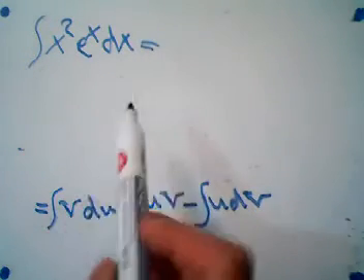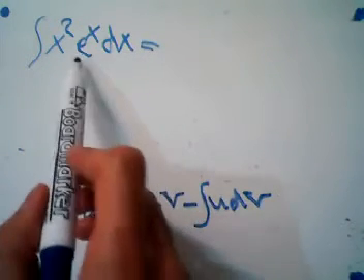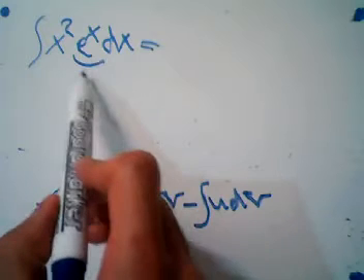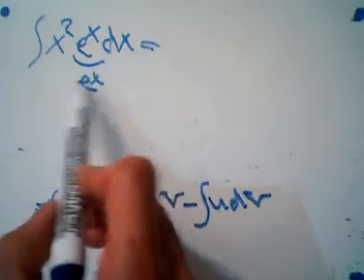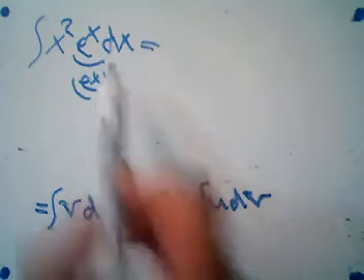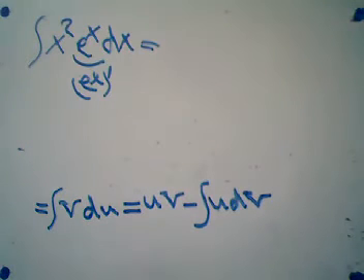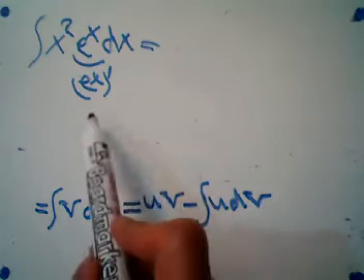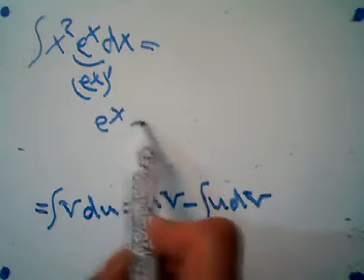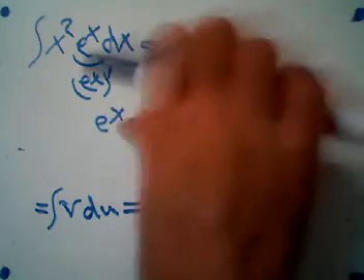Again here, this is the derivative of itself. I talked about it before that the only function whose derivative is itself is e to the power of x plus c.